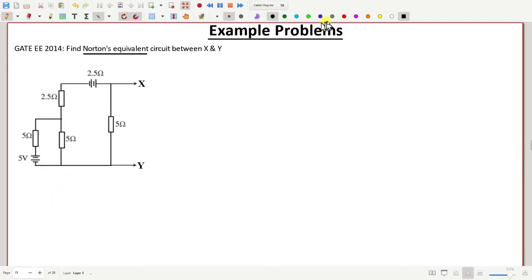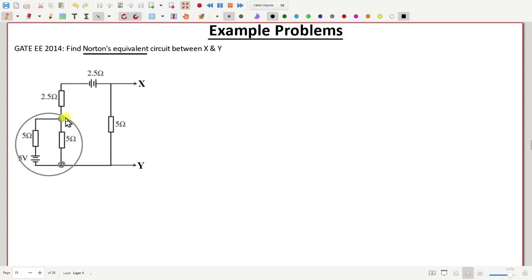So first maybe we consider this portion of the circuit, and consider these two terminals 1 and 2. Between these two terminals, how much is the Thevenin voltage and Thevenin resistance? We have a 5-volt source and 5 ohm connected in series.